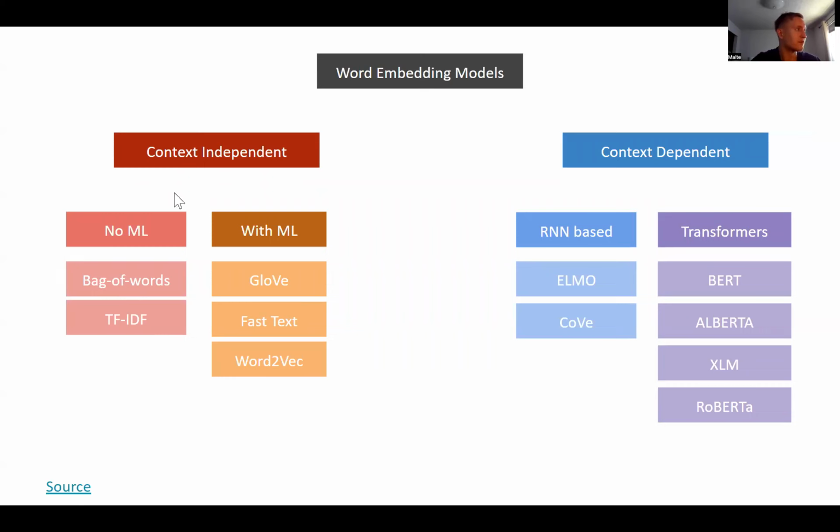And then we have a separation between models that work with neural networks, so with ML, or without ML. Bag of words and TF-IDF are traditional encoding algorithms. Bag of words takes, let's say, a sentence, and relates the frequency of one word to its occurrence. TF-IDF does that in a similar way, but it works with the entire document.